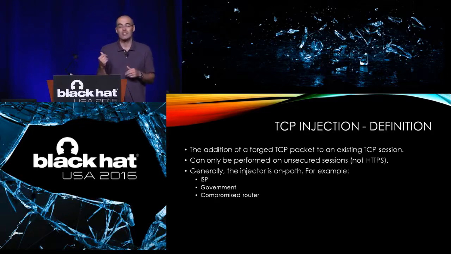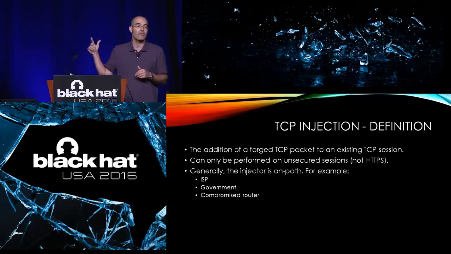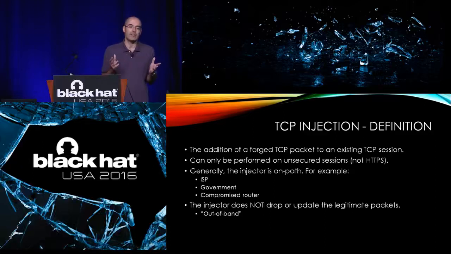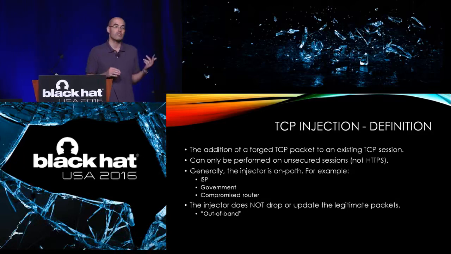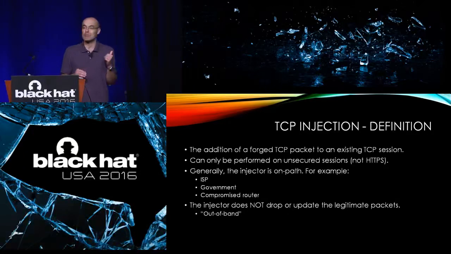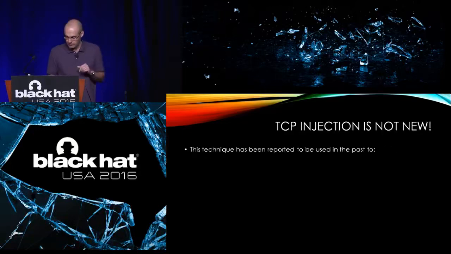Throughout the presentation, I will show you an example of TCP injection attacks performed by all three of these entities. And we assume that the injections are done out of band, meaning that the injector does not update or delete or drop the legitimate packets. Later on, I will explain why we need to assume that, and why this assumption holds in practice.